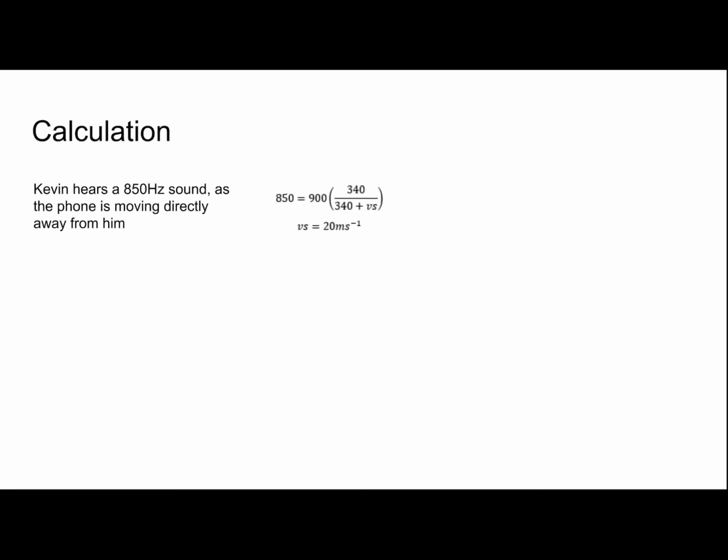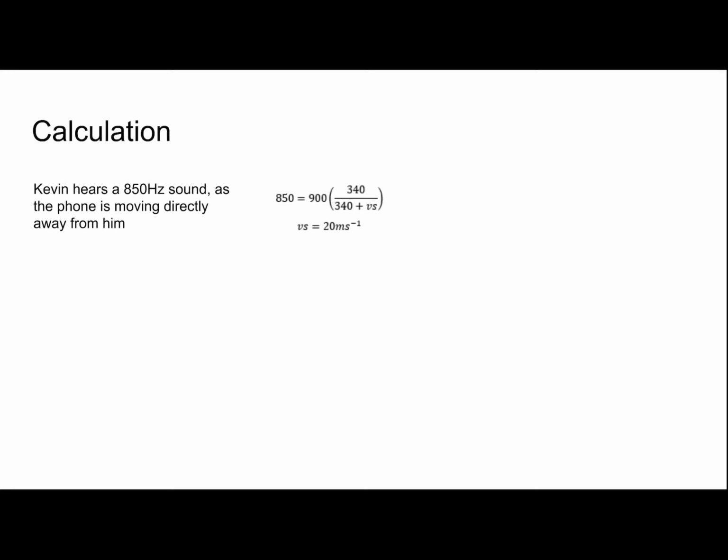Kevin observes a frequency of 850 hertz. The actual frequency is 900 hertz, and we rearrange to find the speed of the source. In this case, the speed of the source comes out to be 20 meters per second. So when the phone is moving at 20 meters per second downwards, Kevin will hear a frequency of 850 hertz. Now Matthew is on the other building.